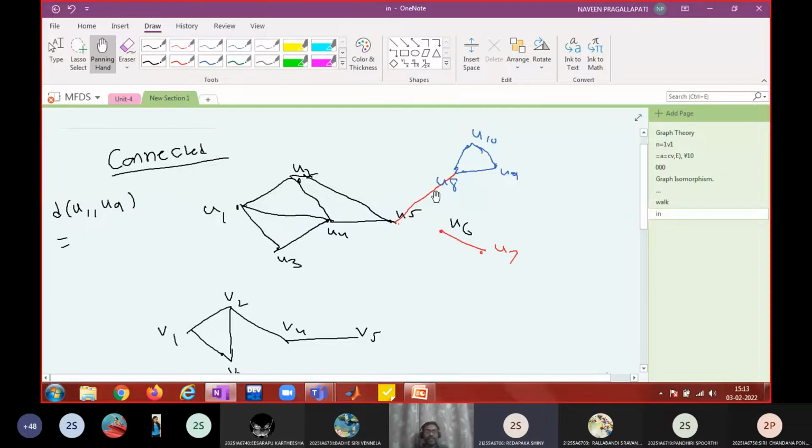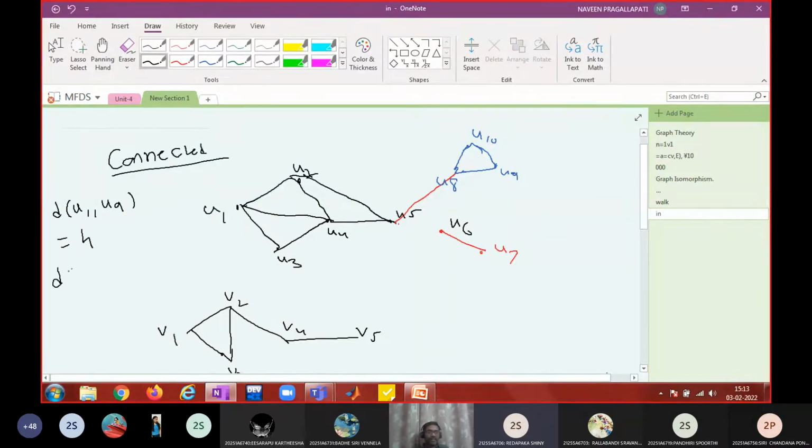So 1, 2, 3, 4. Another path is 1, 2, 3, 4, 5. That path has length 5, but this path has length 4 only. Therefore, we say the distance is 4.